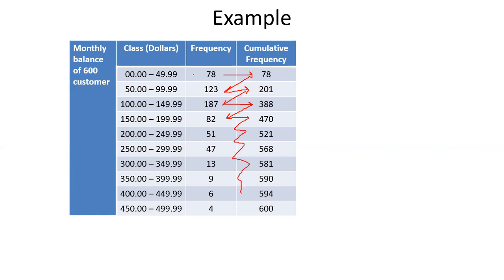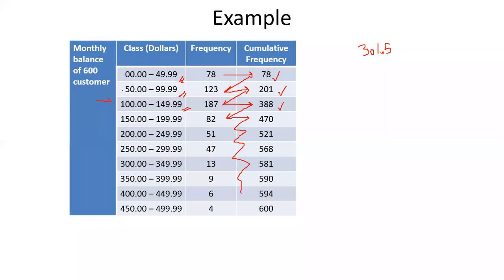Now you see, up to 50, there are only 78 observations. Up to 100, there are 201 observations. But up to 150, there are 388 observations. It means the 301.5th observation, because this was my median, n plus 1 by 2, will lie in this class.